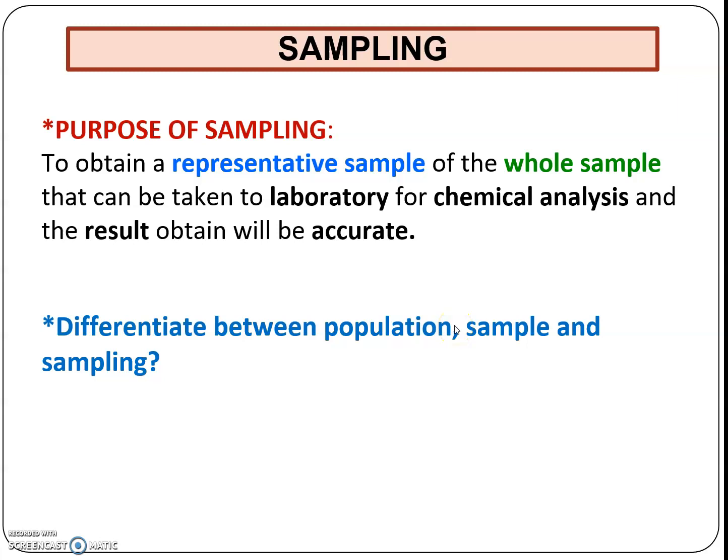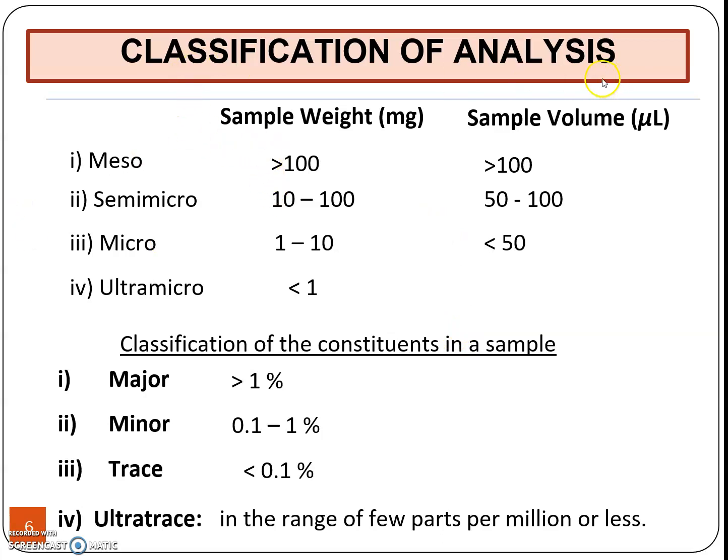To obtain a sample, for the thing we want to study, you have to determine what the population is, and then narrow down your scope to decide which sample to take. So the classification of analysis: if the sample weight is more than 100 milligram, or sample volume more than 100 microliter, it is macro. Semi-micro is slightly smaller, and micro and ultra-micro are less than 1 milligram.